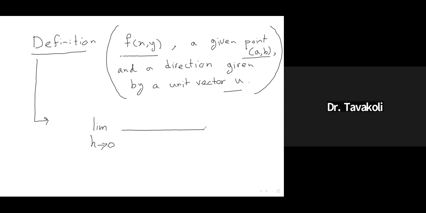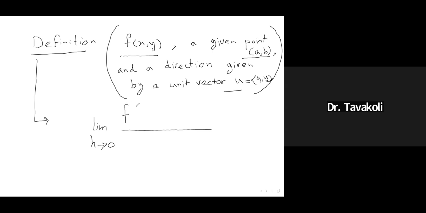To set up the definition, I need to write two coordinates for the vector u. So the vector u has two coordinates, u1 and u2. So that's how the directional derivative is defined.